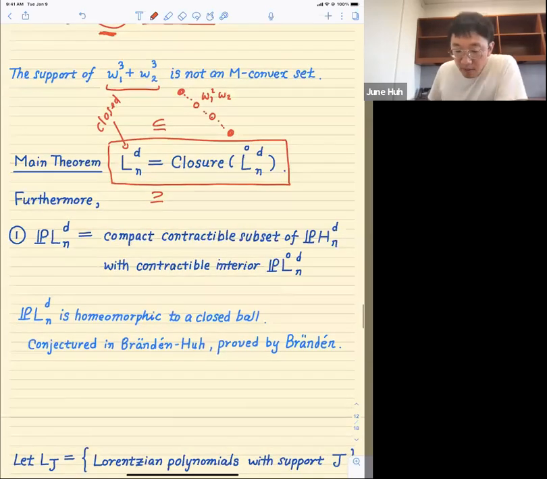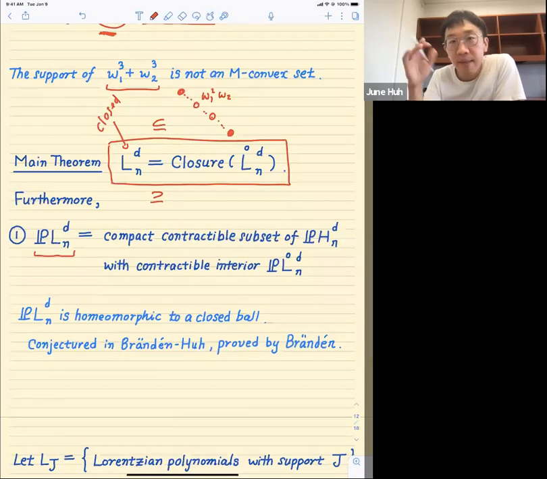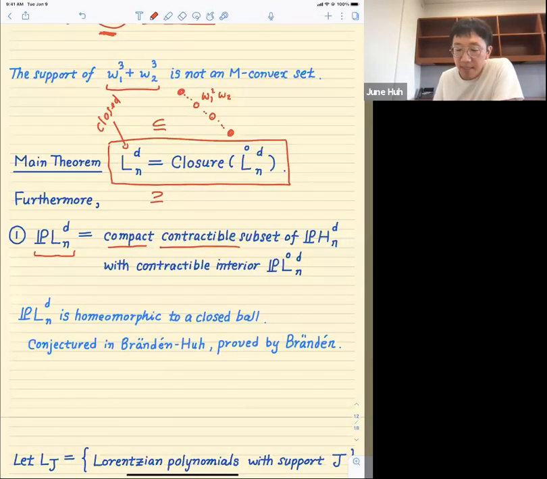And furthermore, if you look at the same set inside the real projective space, the whole thing is preserved by scaling by a constant. So you just look at the things inside the projective space, then you get a compact and contractible subset of the projective space, and it has a contractible interior. So this compactness is one consequence of L^d_n being closed.